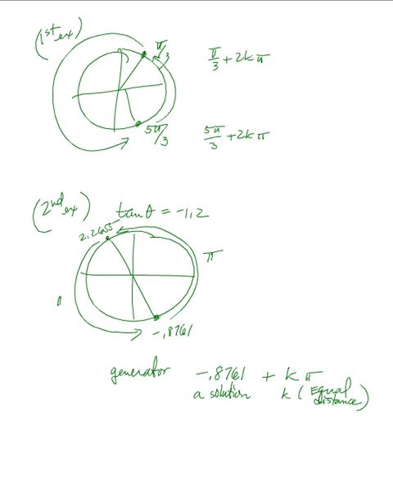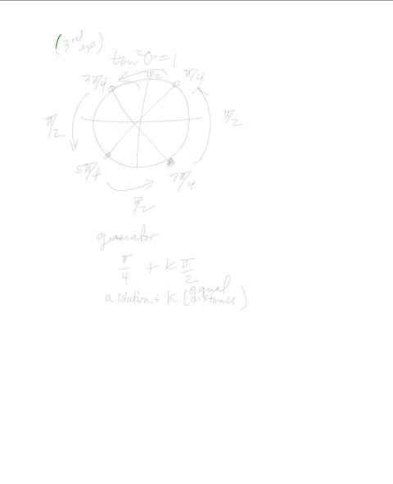Okay? And then in our third example that we did, we solved tangent squared theta equal to 1. And we saw that when we put it all together, we got here, here, here, here. So pi over 4, 3 pi over 4, 5 pi over 4, 7 pi over 4. Right?